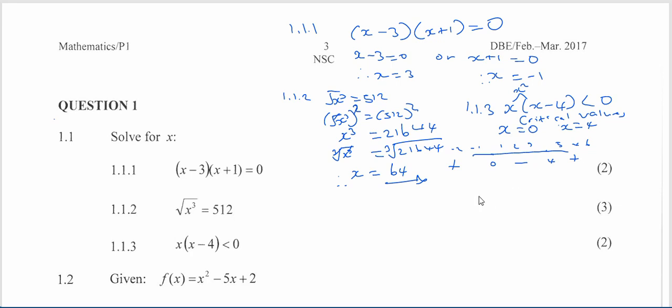Which means your value is going to be like this: x greater than 0, or you can write it as 0 to 4.